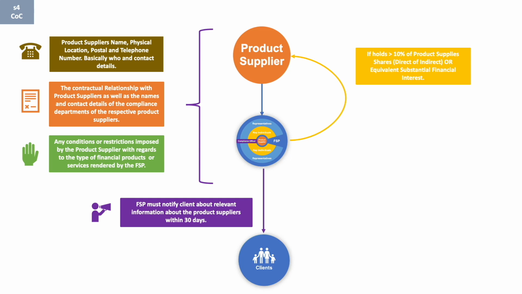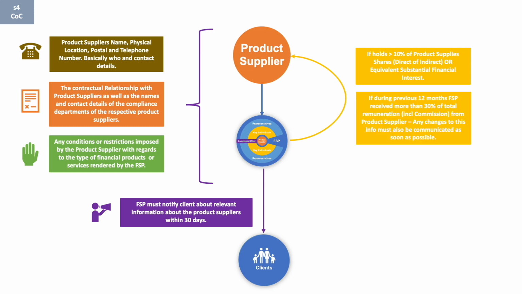It is also important to see that the Code of Conduct extends this to also say "or equivalent substantial financial interest". So basically it does not have to be through holding of shares, but if there is a financial interest that is equivalent to holding 10% of the product supplier's shares.